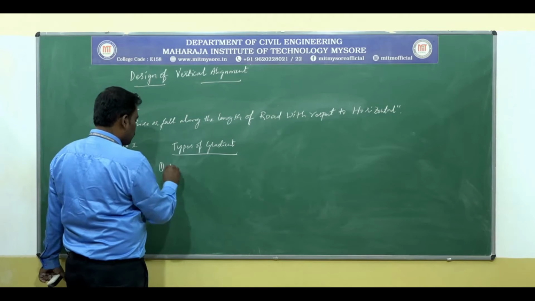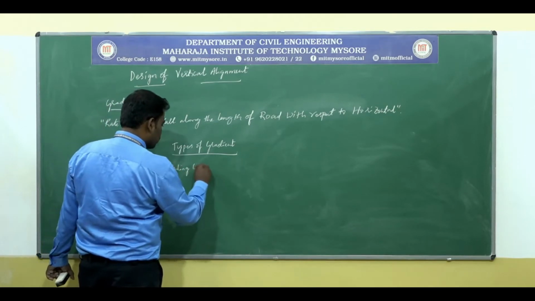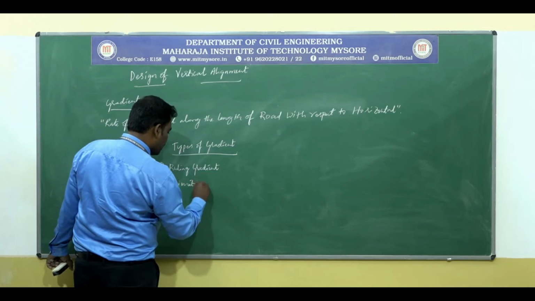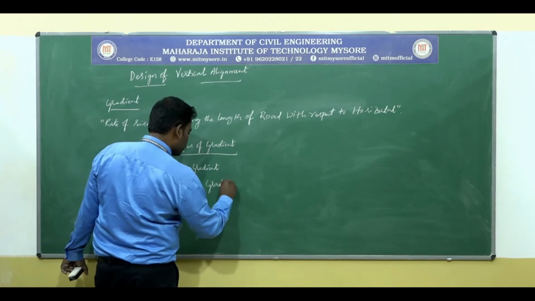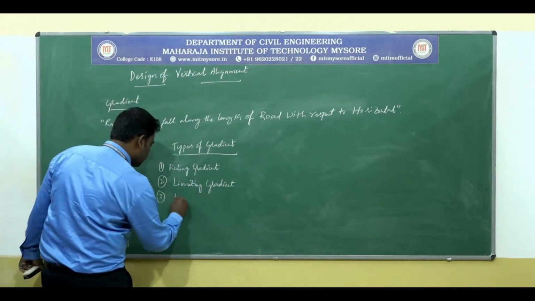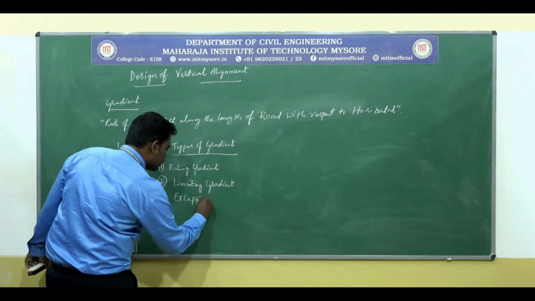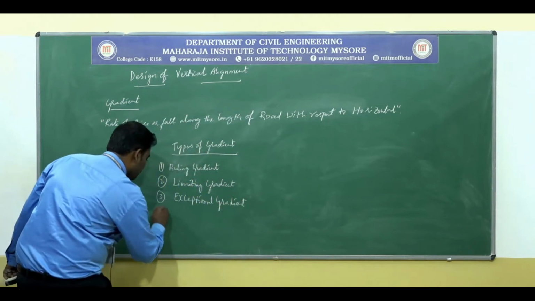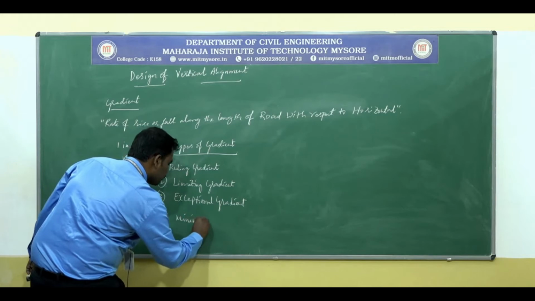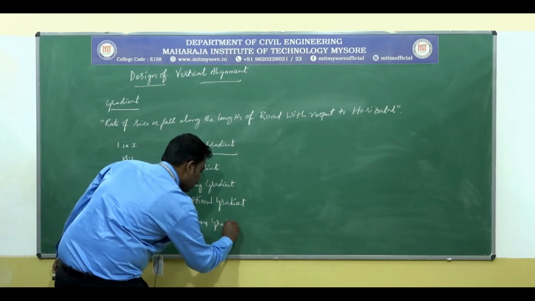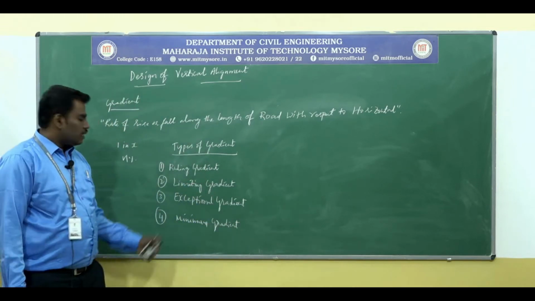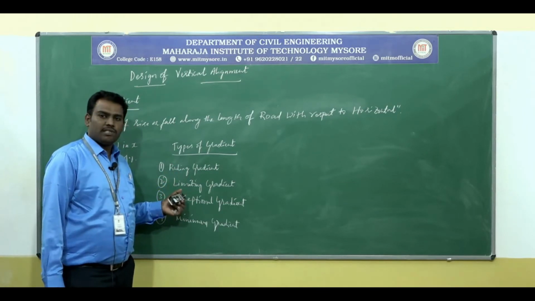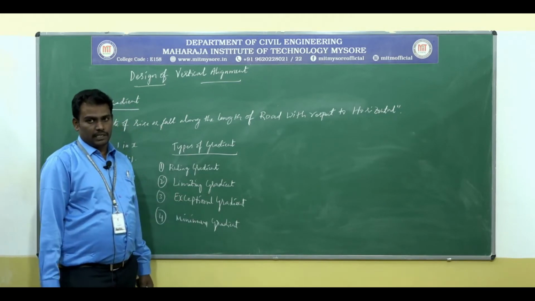The first one is ruling gradient, second one is limiting gradient, third one is exceptional gradient, and fourth one is minimum gradient. These are the 4 types of gradient.